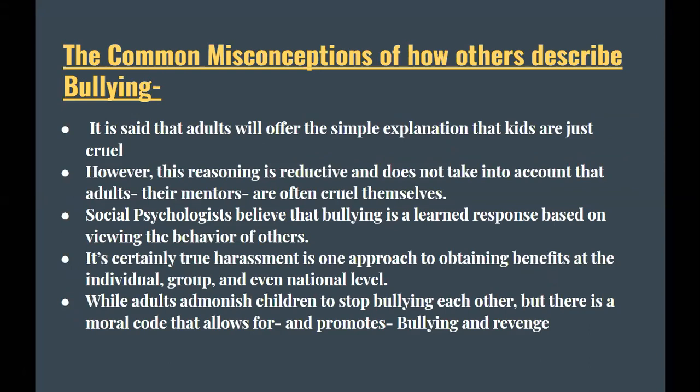Believe it or not, it's learned behavior. Viewing the behaviors of others is what you learn. So true harassment is one approach to obtaining the benefit at the individual, group, or even national level. And so while adults do urge children to stop bullying each other, there is a moral code that allows for them and promotes bullying and revenge.